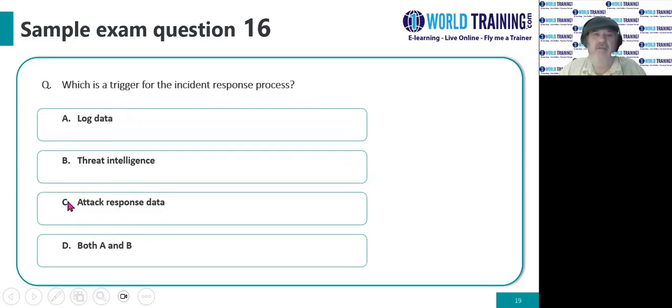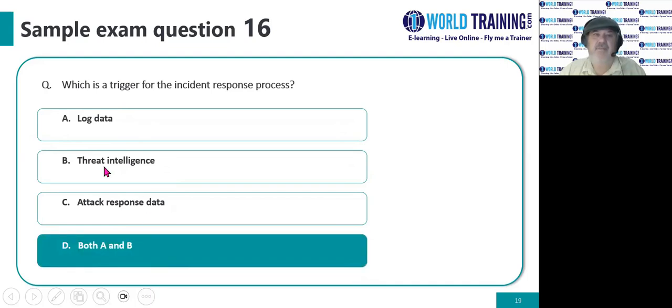Attack response data is a trigger for incident response process. I would say A, but I'm not 100% sure. Here's one I might go look up afterwards, but they're saying A and B, threat intelligence is triggering incident response. So I guess the result of threat intelligence may prioritize things, but it's a little indirect. I would have preferred A, but remember they're looking for A and B in this case.